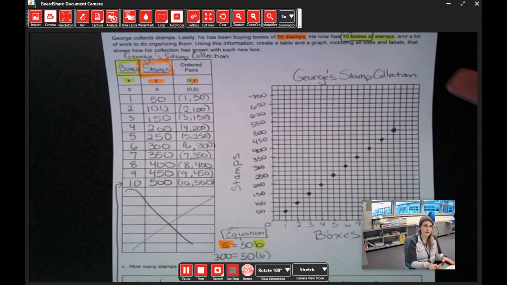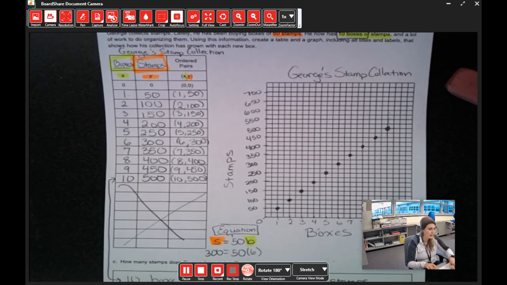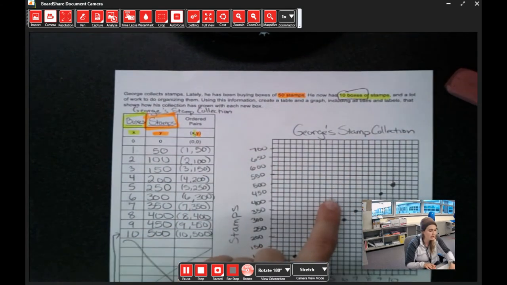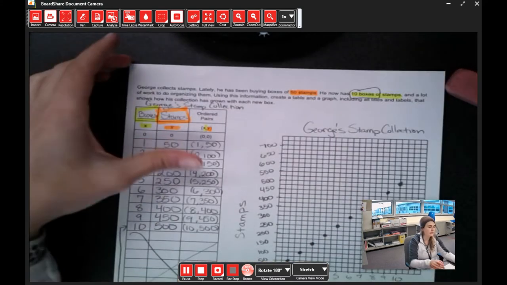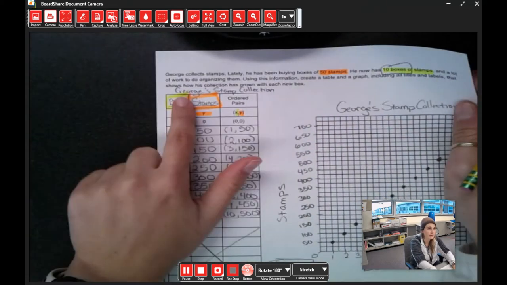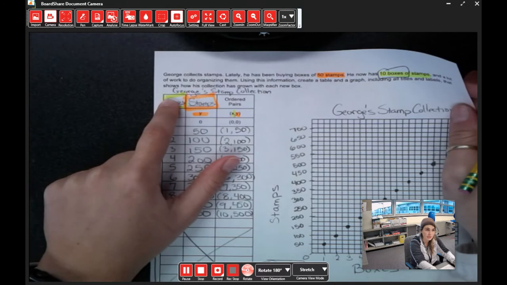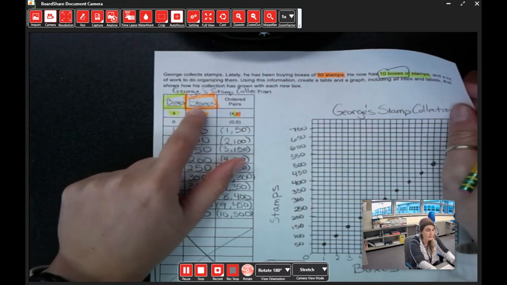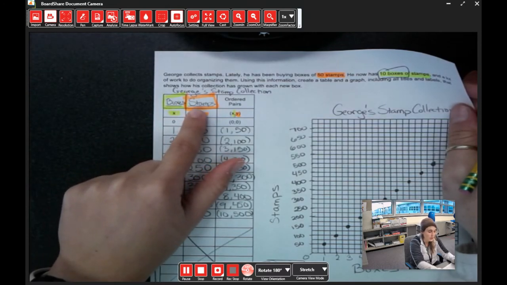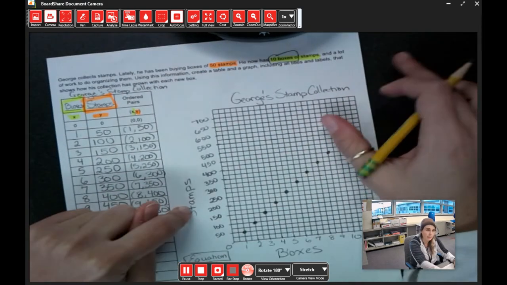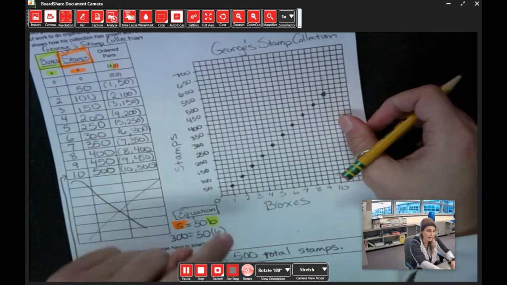That's everything I need. I just want to double check and make sure I've got it all. I was supposed to use the information to create a table and a graph, including all titles and labels. So I'm going to check myself. Do I have a title on my chart? Do I have a label for the X, which is boxes? Do I have a label for the Y, which is stamps? Do I have a title on my graph? Do I have a label for my Y-axis and for my X-axis?